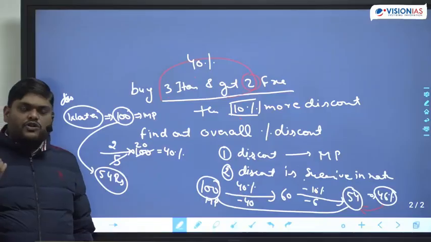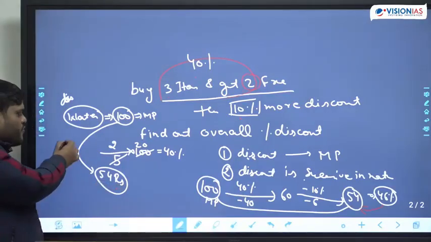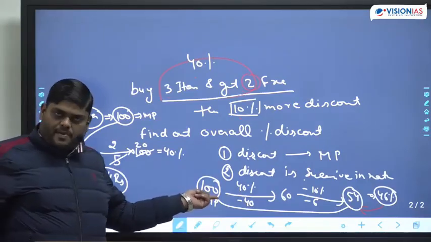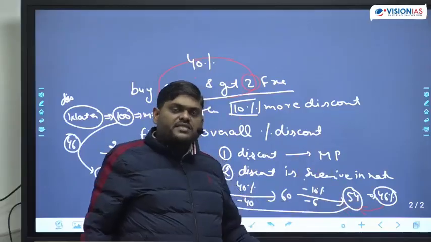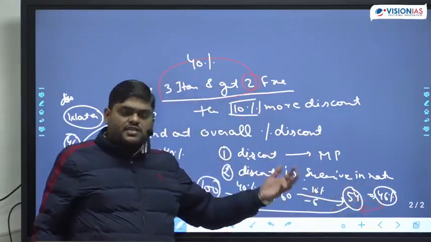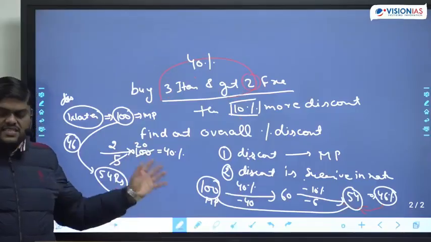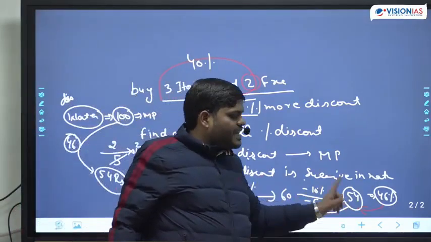Do you get 54 discount or a discount of 46? Simple logic. 100 rupees was the mark price. Now you are getting the item for 54 rupees. That means there is a discount of 46 rupees. As simple as that. Don't get confused. This is your mark price. This is your selling price.